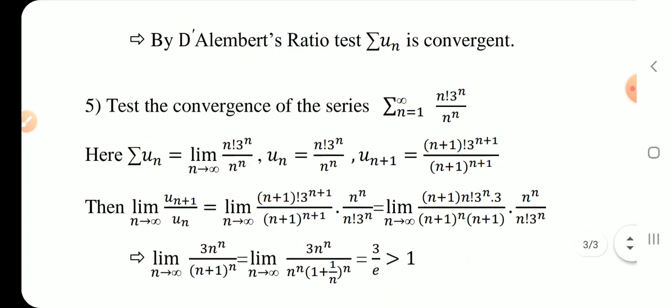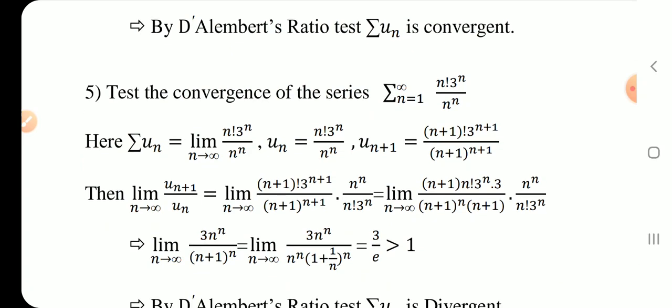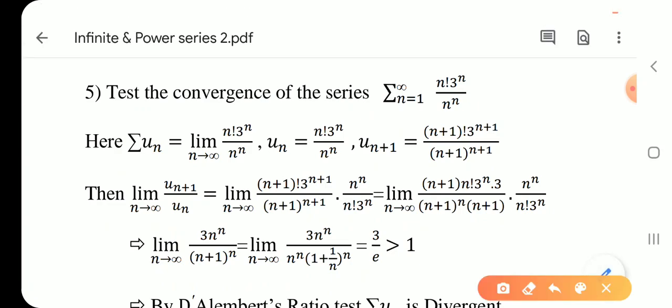Let us move on to the next problem. Test the convergence of the series n factorial into 3 to the power n by n to the power n. So nth term we have written here. N plus 1 term: in the place of n we will put n plus 1. Wherever n is there I have taken n plus 1. Let us divide. So this is what I have got.